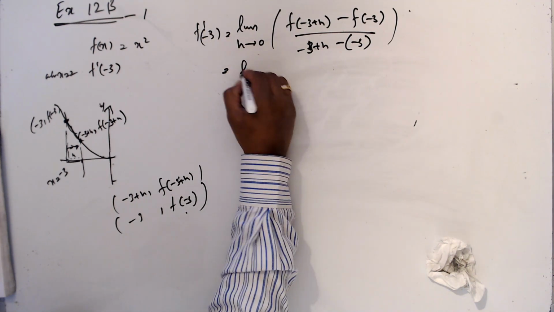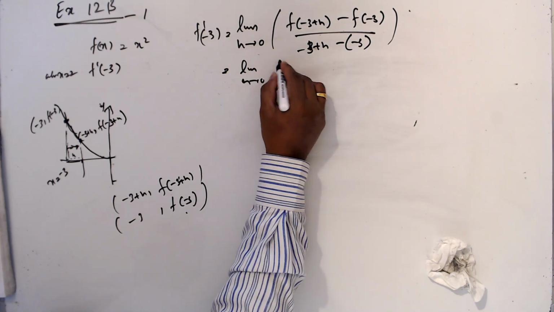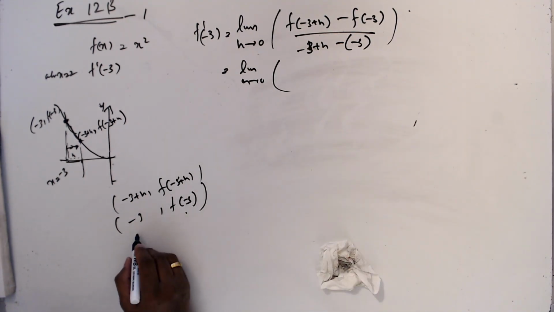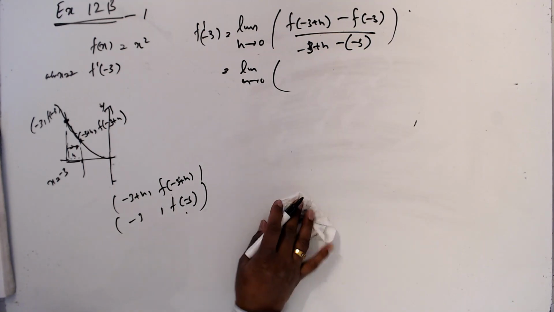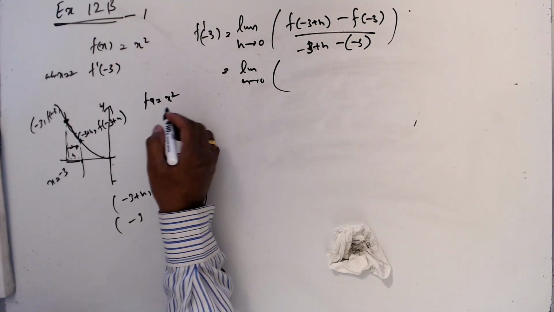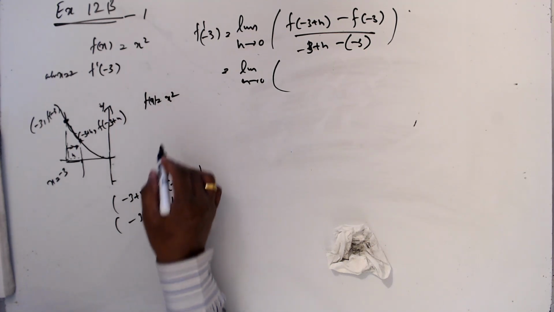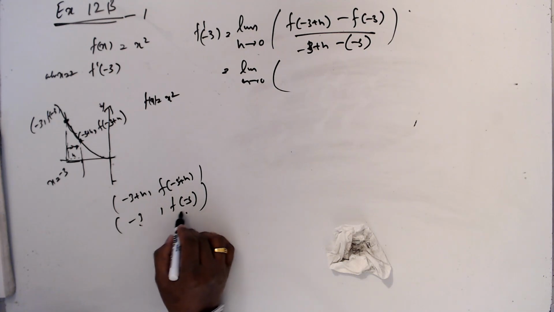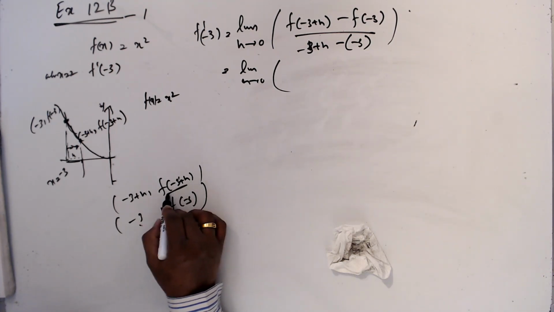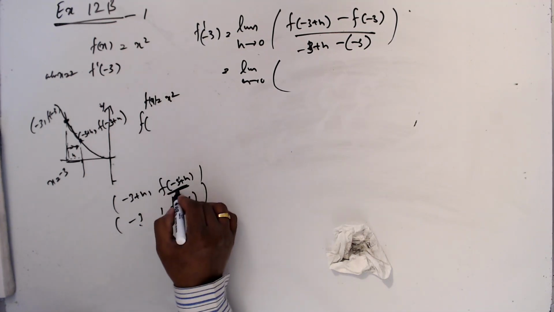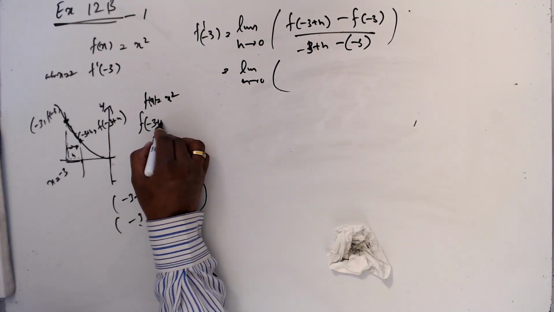So this is going to be limit h tends to 0, f(minus 3 plus h). What is that? So f(x) equals x squared, then I need f(minus 3 plus h). So instead of x you put minus 3 plus h.